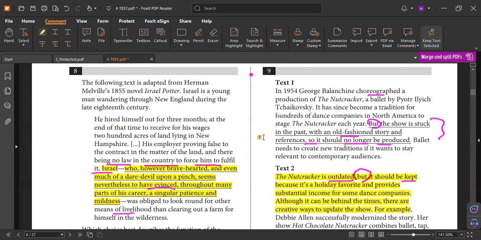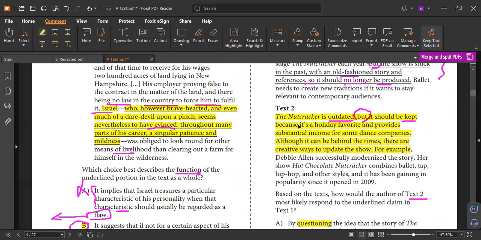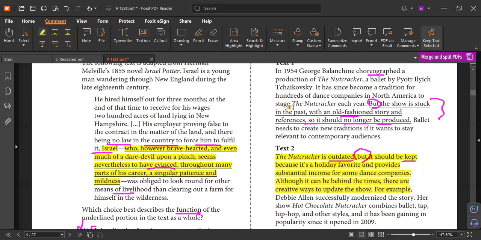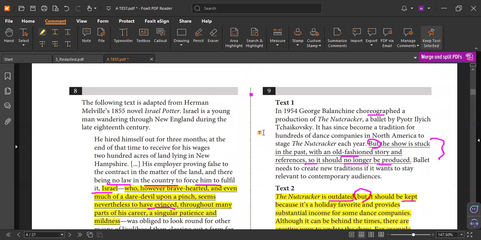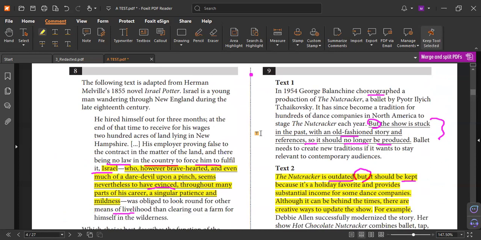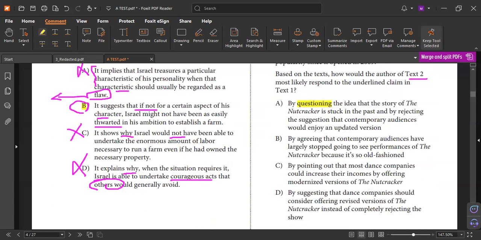Yes. Remember, I'm looking for the response in 2, so I should not go back to 1 a lot. But if that is related to what is mentioned in the text, there is no synonym of the word questions. So what about letter A? So A is wrong.